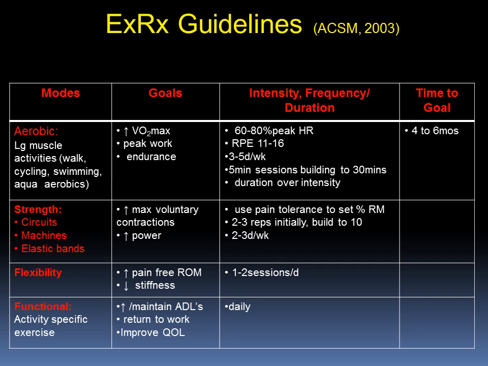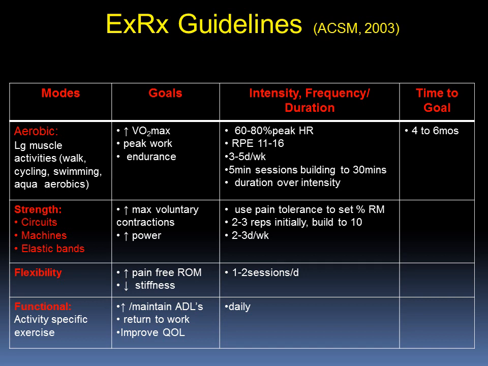Strength training, any type of strength training is going to be effective, whether it's isometric or isotonic. It might be dictated by pain as to whether you're using isometric or isotonic. We can see there that we want 2 to 3 reps initially, building up to that 8 to 10 repetition maximum, 2 to 3 days a week, and 2 to 3 sets of 8 to 10 repetitions.